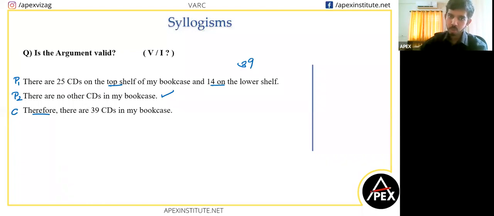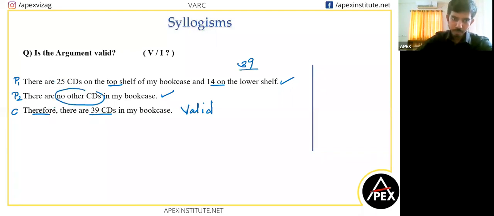There are not more or less CDs. So given these two premises, can we say that there are 39 CDs in my bookcase? Yes. This is a valid argument. So we have combined premise 1 and premise 2 and the information which is given to us and reached a conclusion that 25 plus 14, 39, and no other CDs.